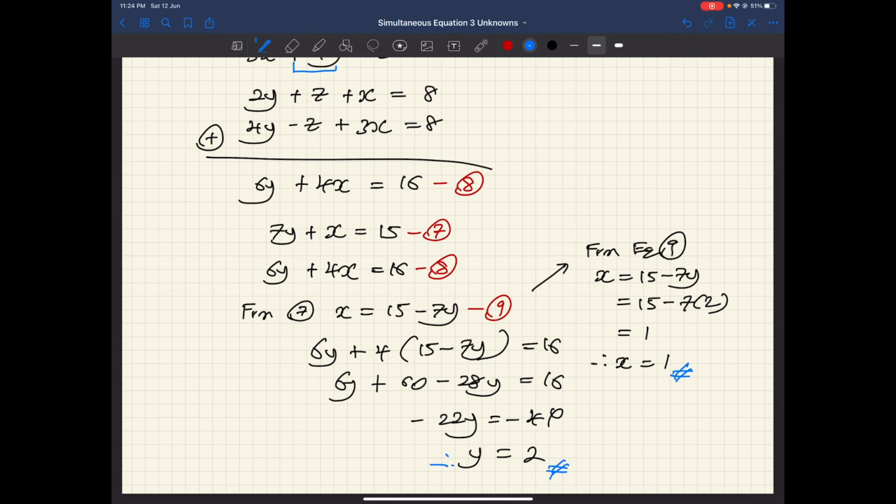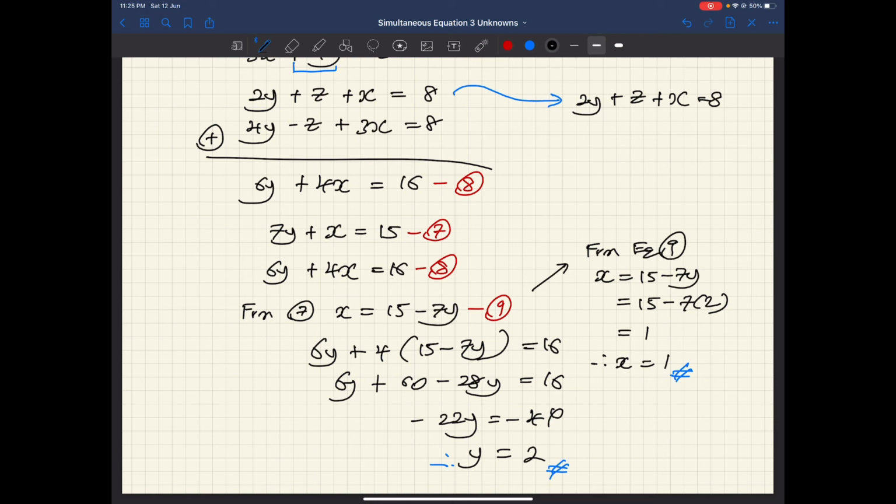Now you are left with your z. You can use any of these equations that have z, and you can just substitute these values and find your z value. You can see you have an equation here with z. So let us take that equation: 2y plus z plus x equal to 8.